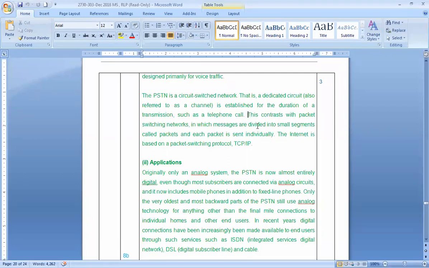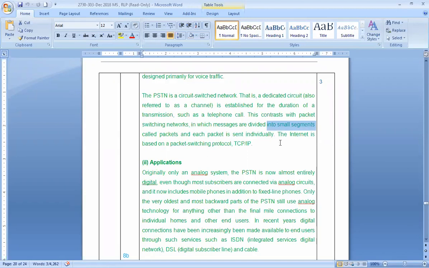When you make a call, this contrasts with packet switched networks, in which messages are divided into small segments. Remember, I told you that this information is broken into small pieces, and those pieces are called packets, and each packet is sent individually.